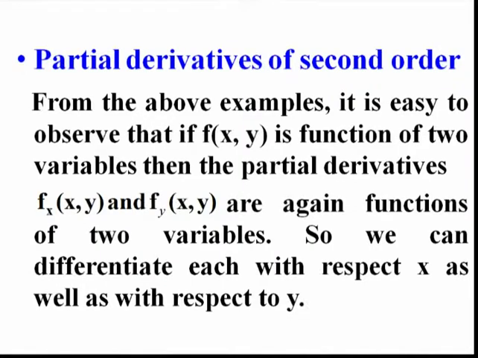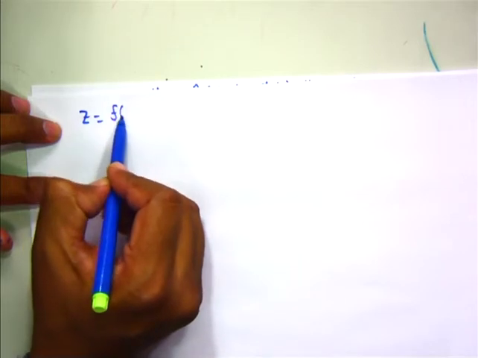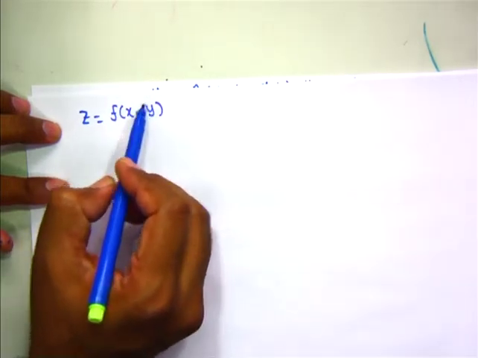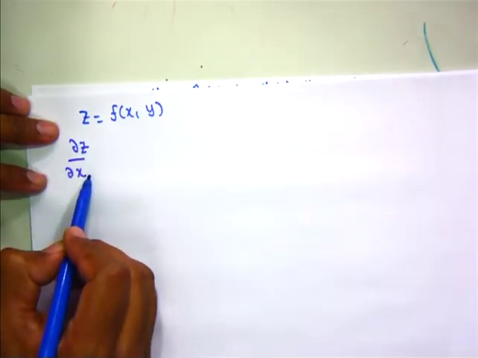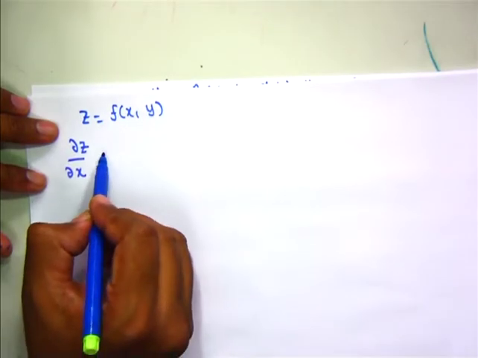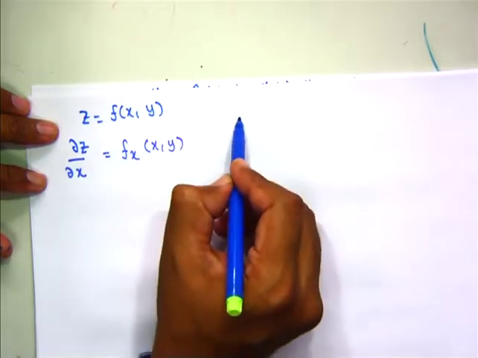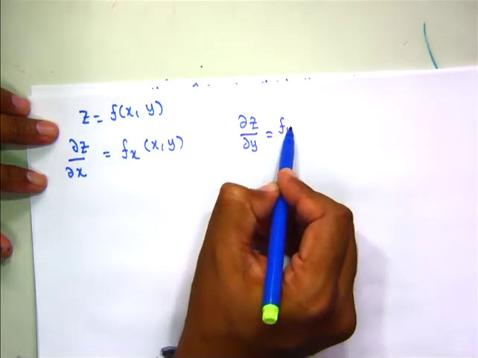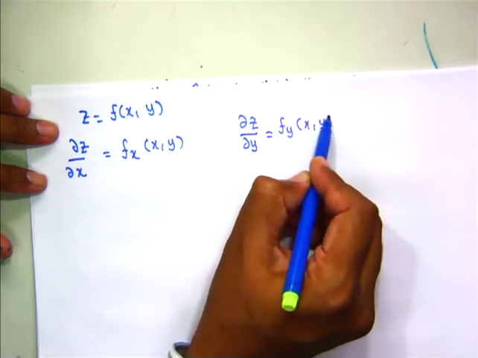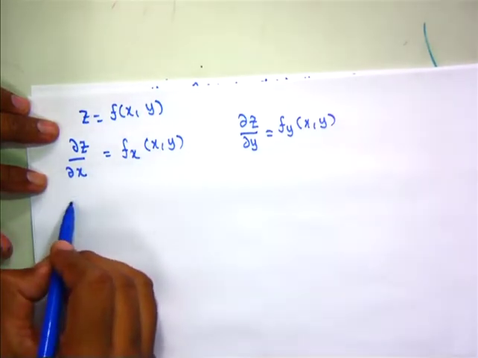So we see higher order derivatives on the paper. z is a function given as f(x,y). Its partial derivatives are del z by del x, or fx(x,y), and del z by del y is equal to fy(x,y). Clearly, these both are functions of x and y, so we can differentiate them.